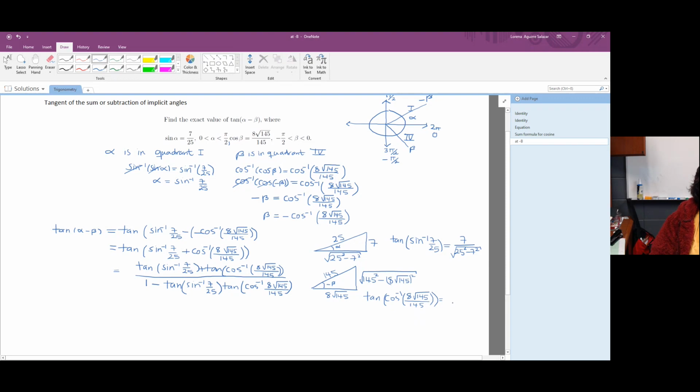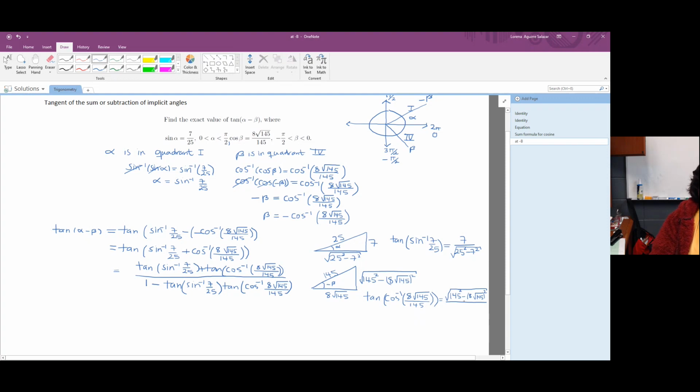And then we have y over x, so that's this term, the square root of 145 squared minus 8 root of 145 squared, all that under the root.